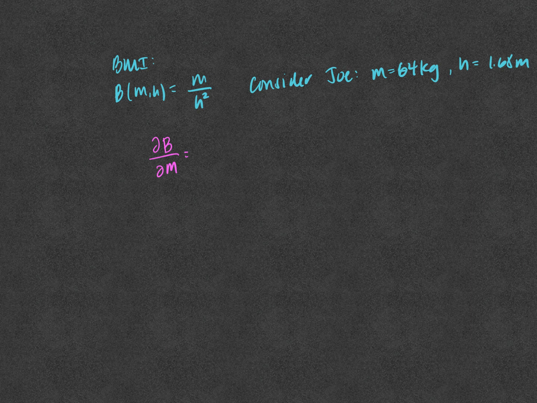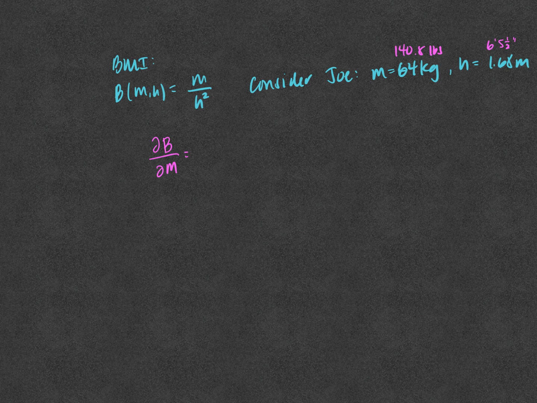By the way, if Joe is 64 kilograms, then he's about 140.8 pounds. And if he's 1.68 meters, that's 6'5.5". Now, those aren't important, but it helps us think about this as a very tall person who is not very heavy.